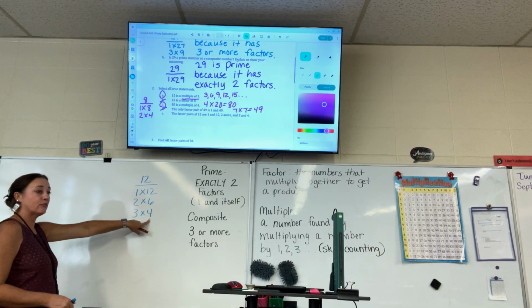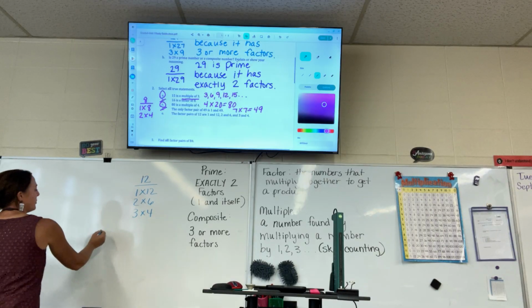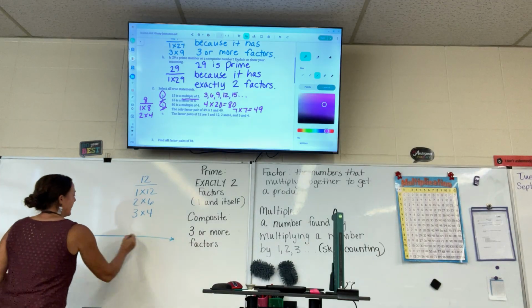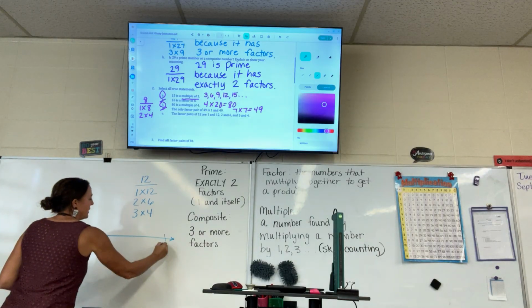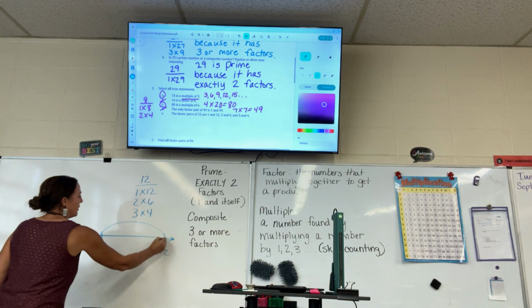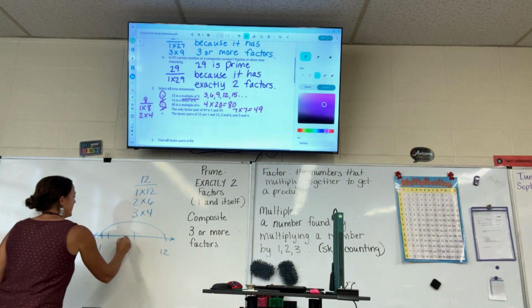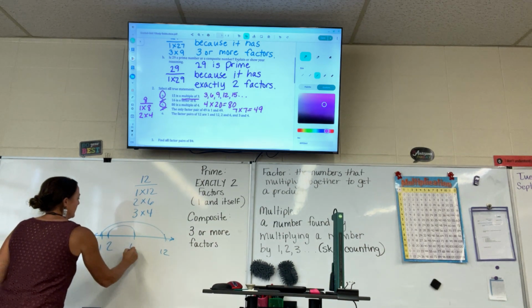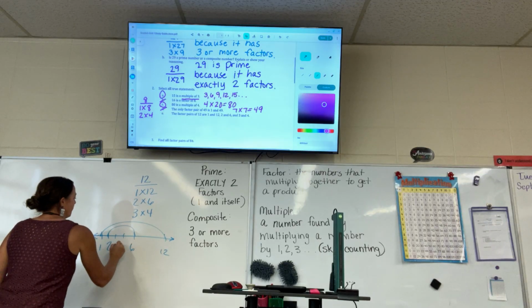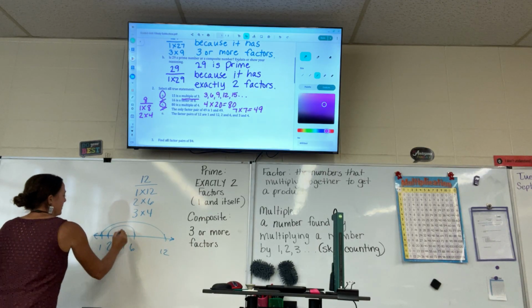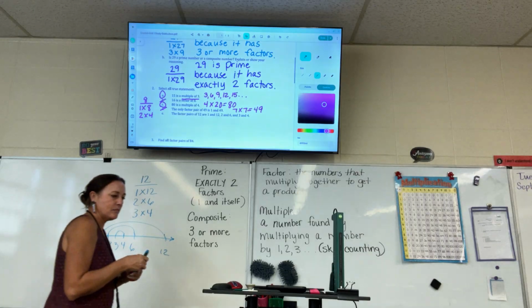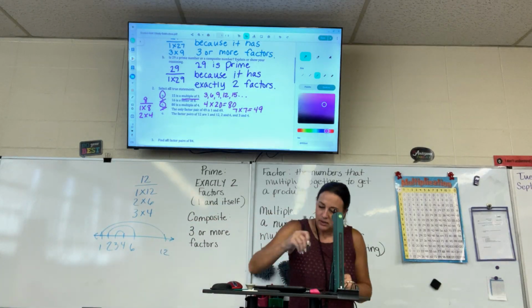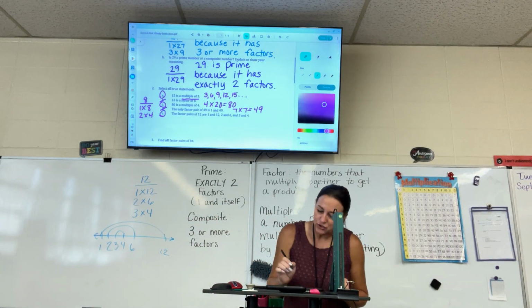We don't have to look for 4, so we're done. Remember, if we think of this as a number line, and we start with 1 and end with 12, they're partners. Then 2 and 6 are partners. And then 3 and 4 are partners. So we're done. Okay? So that is true. So make sure you circle E.